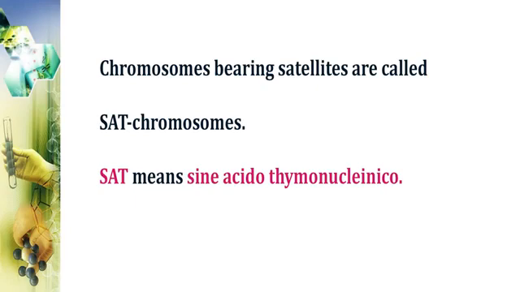Chromosomes bearing satellites are called SAT chromosomes. SAT means acido-thyminonucleolico. Generally, one chromosome in each genome possesses this satellite body. There could be two or more satellite bodies in a single chromosome.